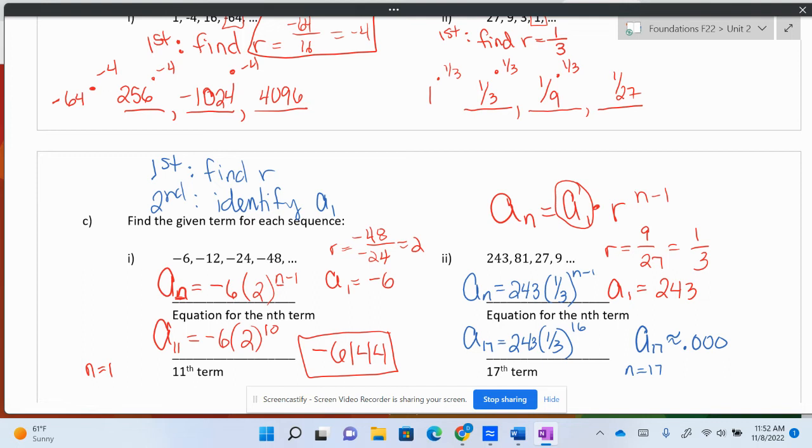What do you have? Yeah, I don't think that's right. Hang on a second. 1 divided by 3 to the 16th power times 243 is like 0.00000. Didn't I say aren't there like 5 zeros?